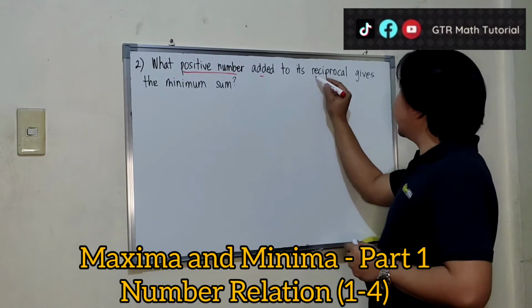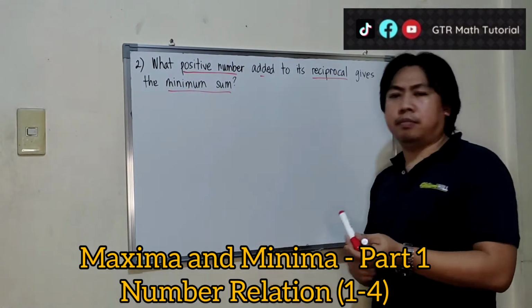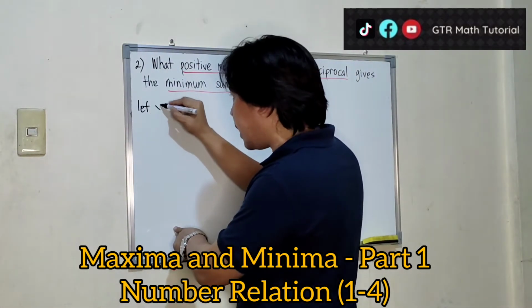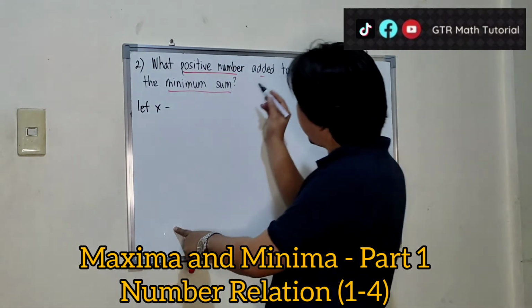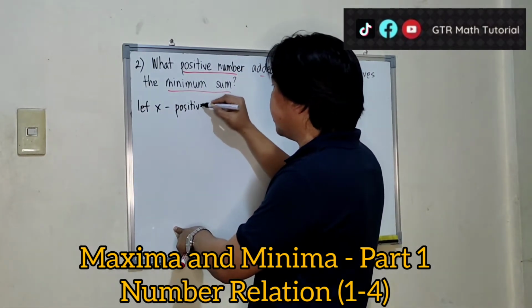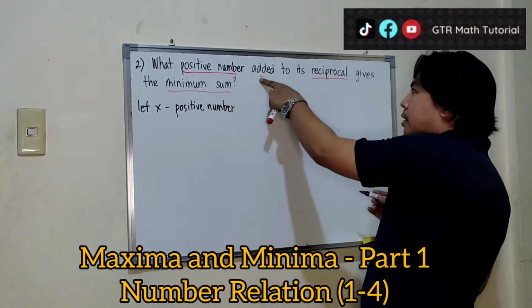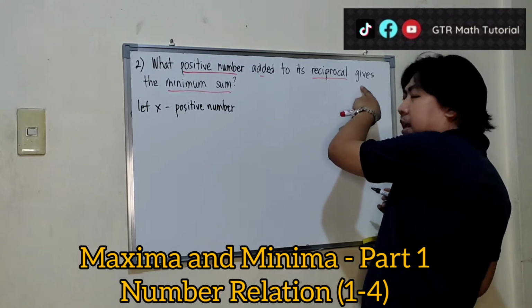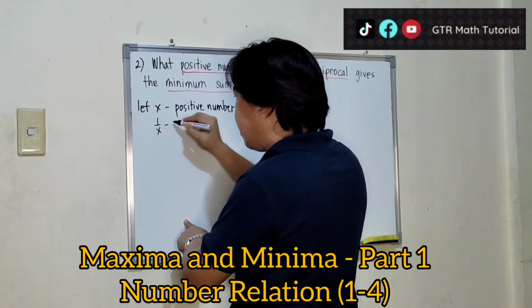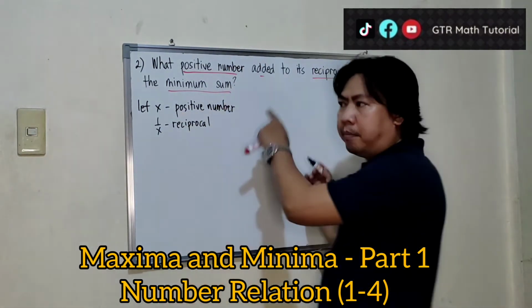For the solution, let x be the positive number. Then its reciprocal is 1 over x.